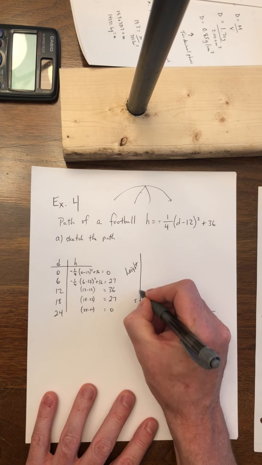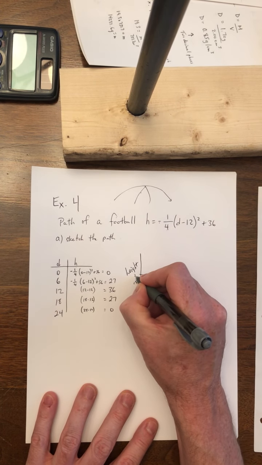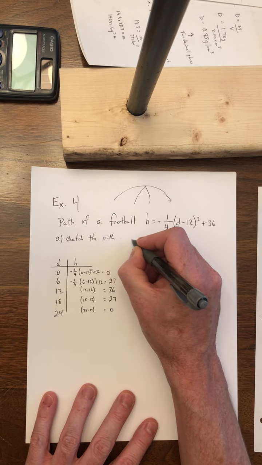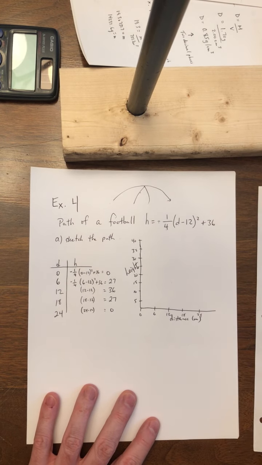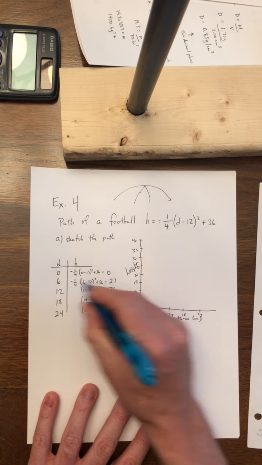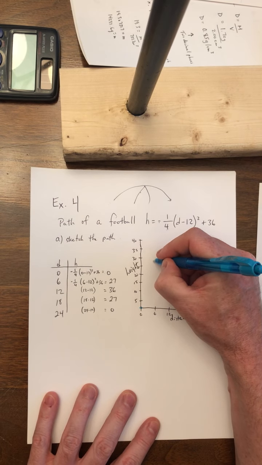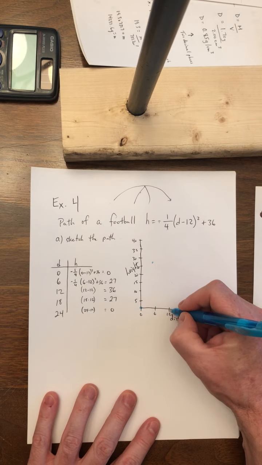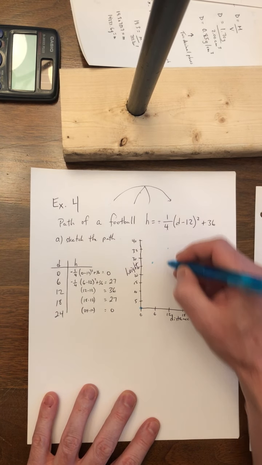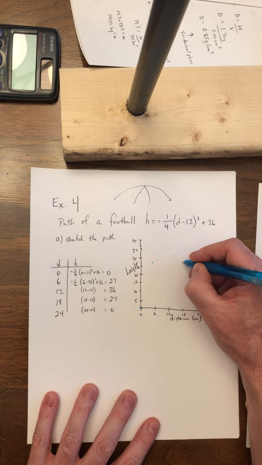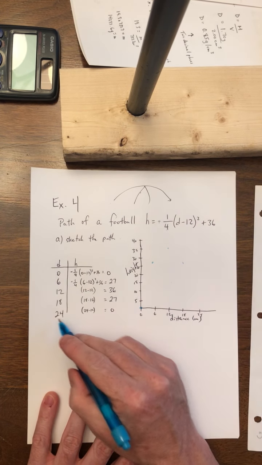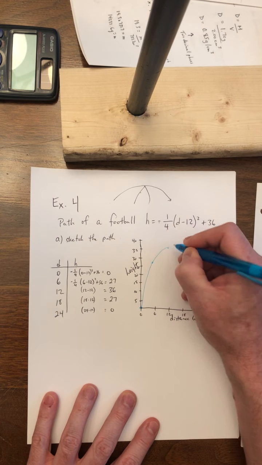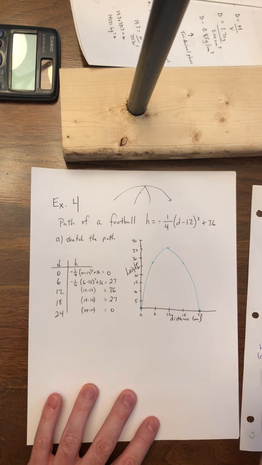So, 5, 10, 15, 20, 25, 30, 35, 40. All right, so 0, 0; 6, 27; 12, 36; 18, 27; and 24, 0.